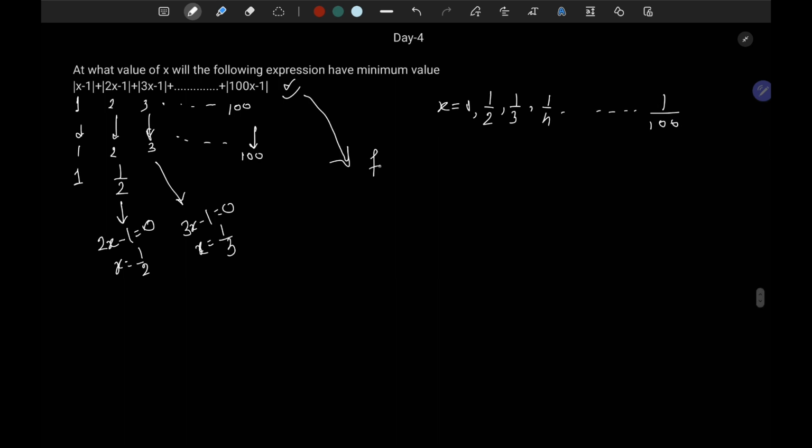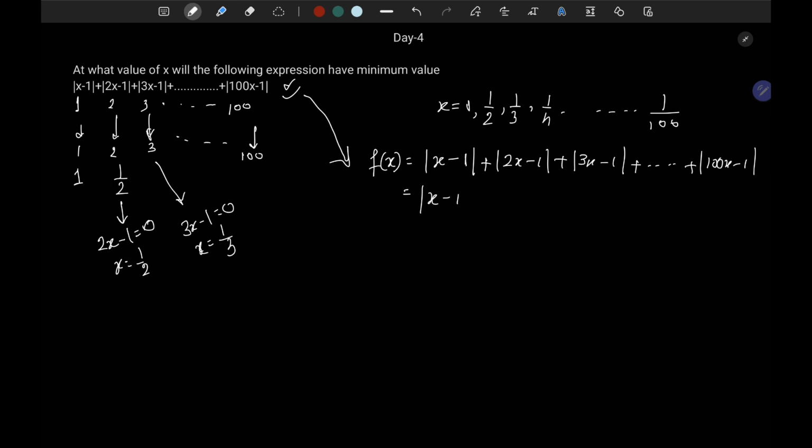Now let's look at this function from another angle. Let's say we have f(x) equal to mod of x minus 1 plus mod of 2x minus 1 plus mod of 3x minus 1 plus dot dot dot plus mod of 100x minus 1.